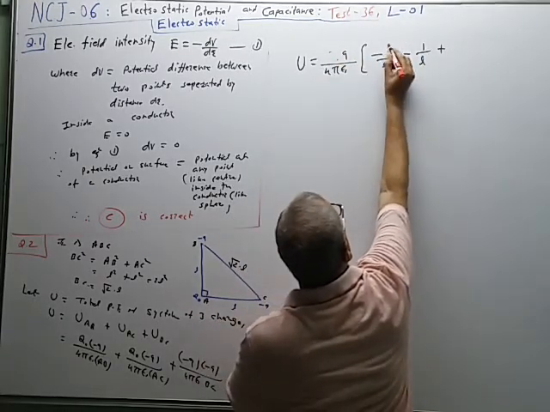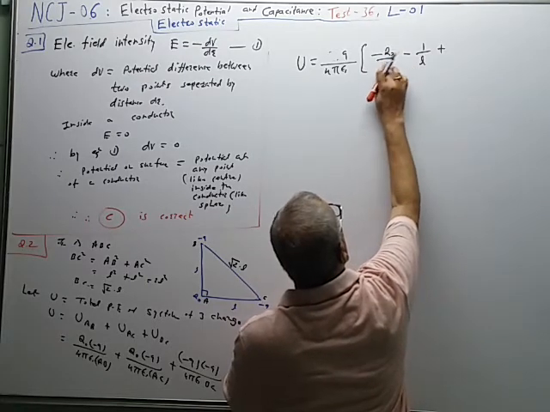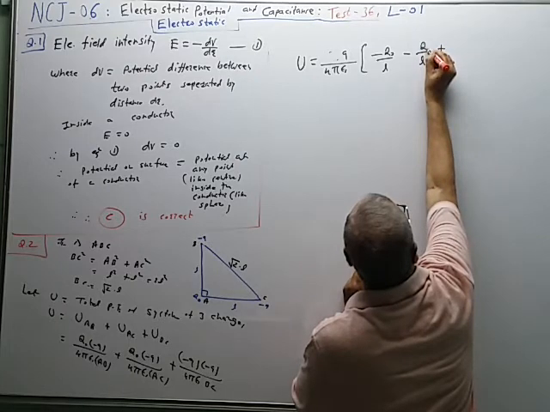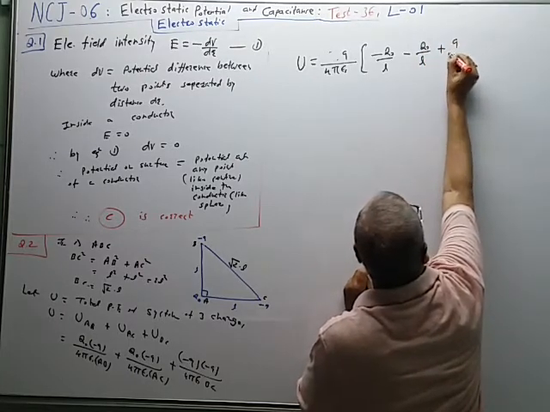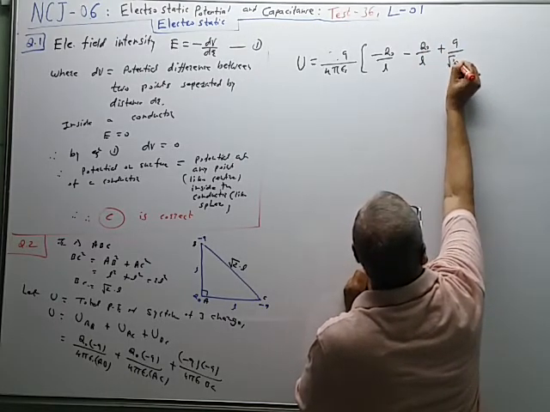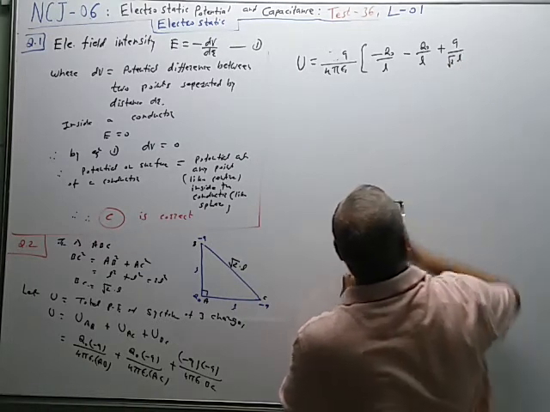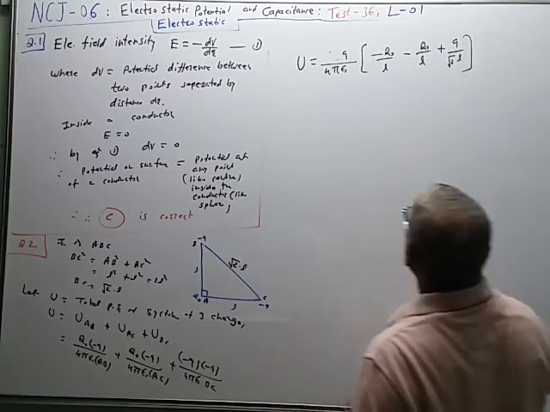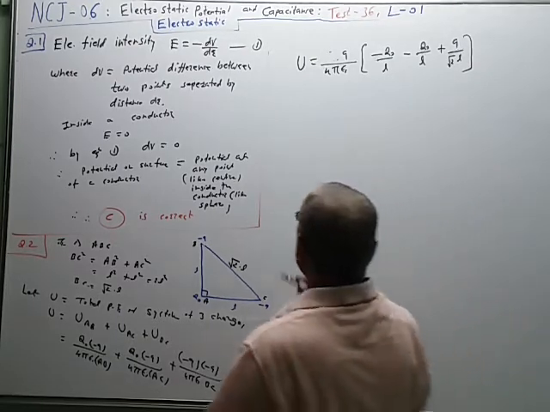So here Q0 is remaining, Q0 into L, and this is equal to Q upon root 2L, like this.